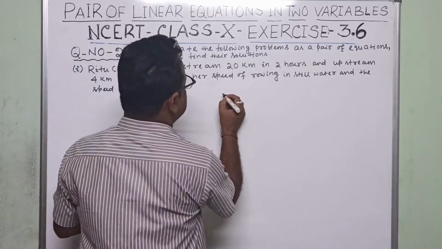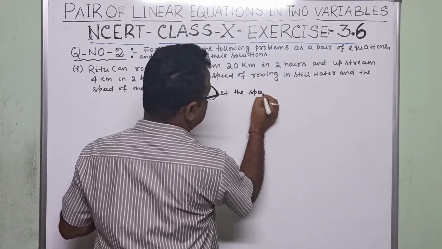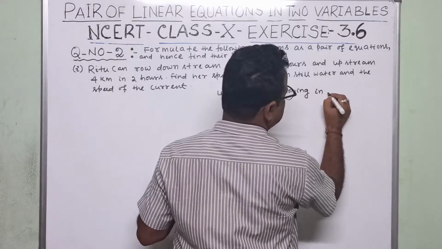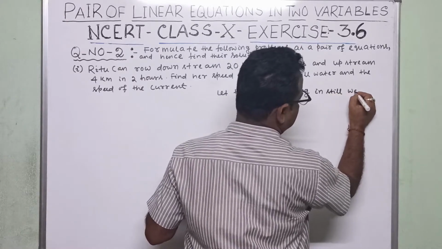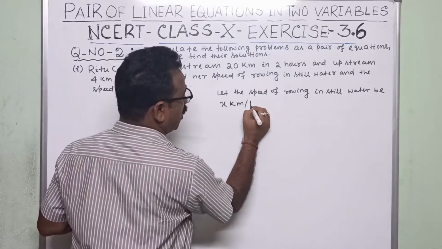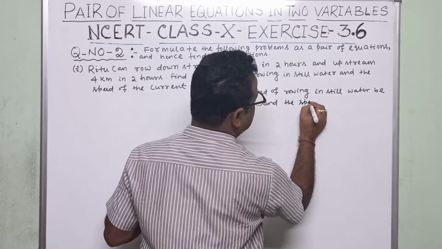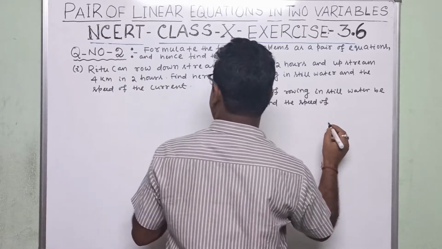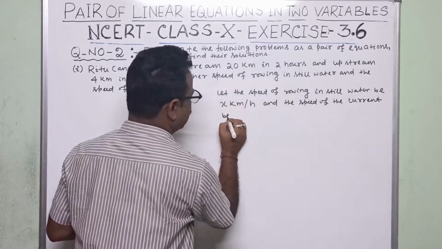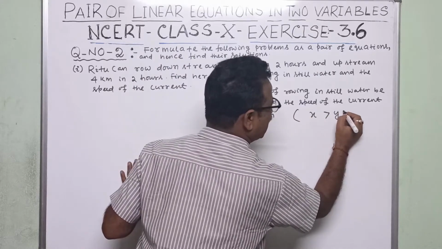So now let the speed of rowing in still water be x km per hour and the speed of the current be y km per hour, subject to x greater than y.